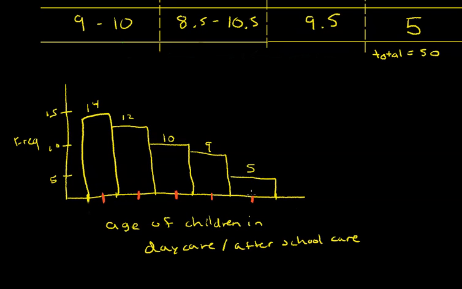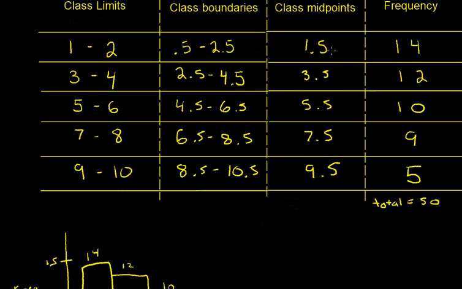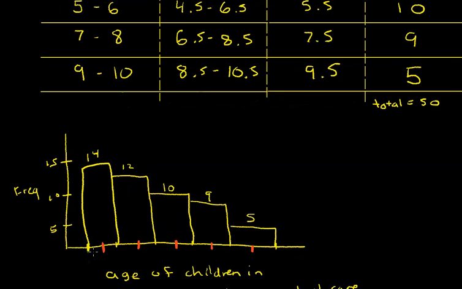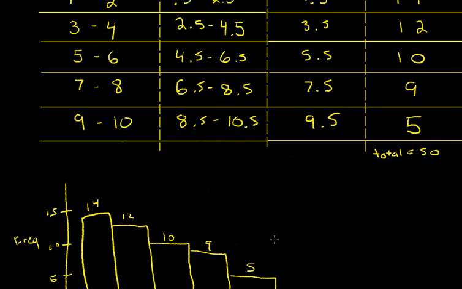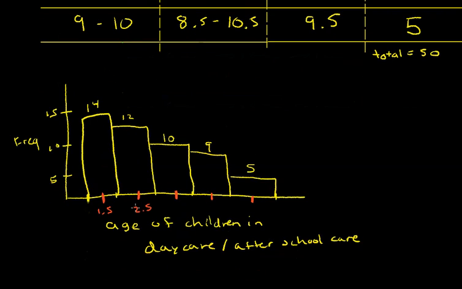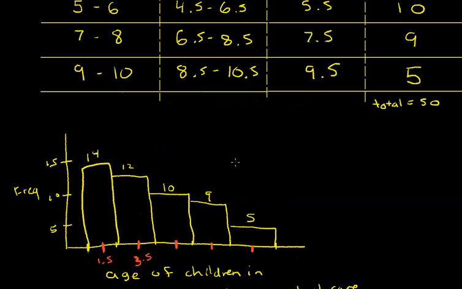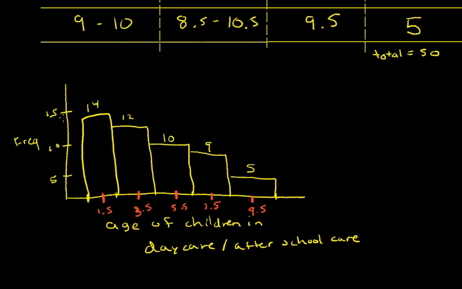The first midpoint was 1.5. Next one was 3.5. Then 5.5, 7.5, and 9.5.